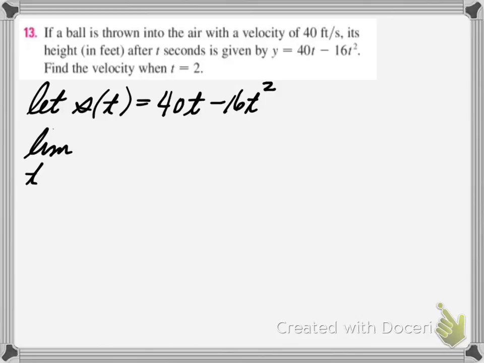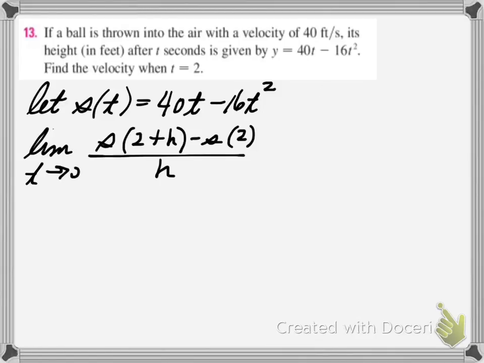And I want to let the limit as h approaches 0 be s at 2 plus h minus s at 2 over h. And I'm going to go ahead and calculate what s at 2 is. So if I do all of my math and plug 2 into my function, I find that it's 16.